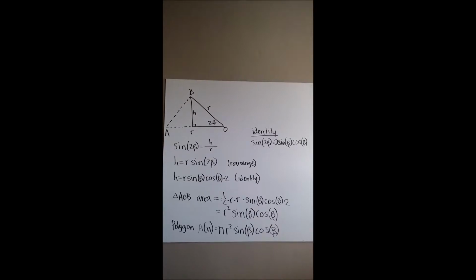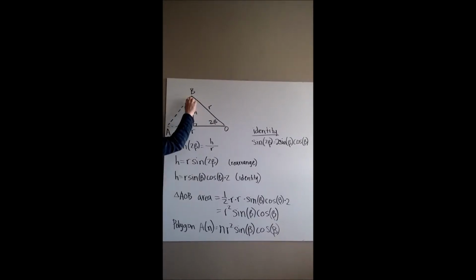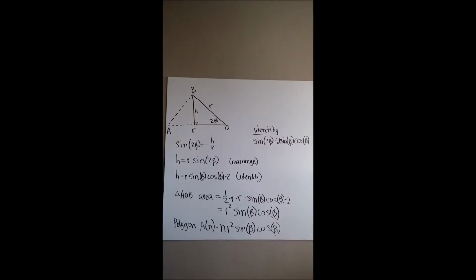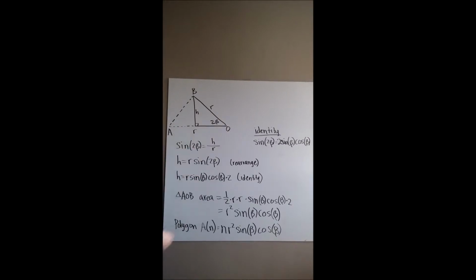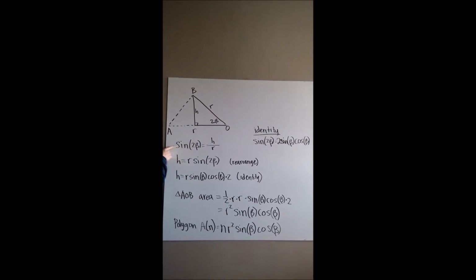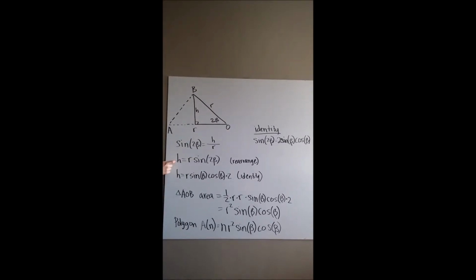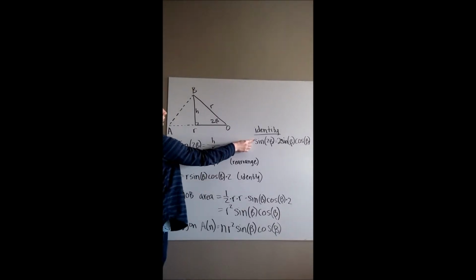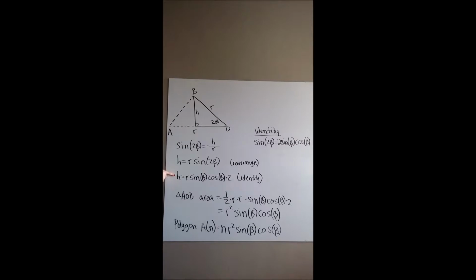So now to get the height of the triangle AOB, we're going to use the sine of 2 beta equals h over r. So to rearrange to get h, we get r sine 2 beta. Going from there, we're going to use a trig identity. So now we get h equals r sine beta cosine beta times 2.